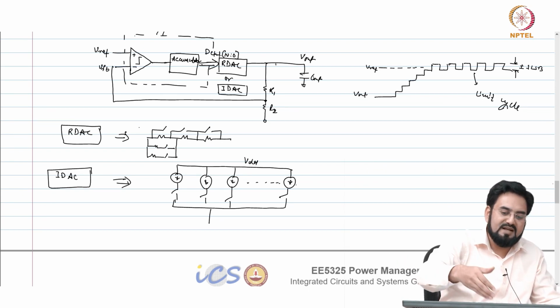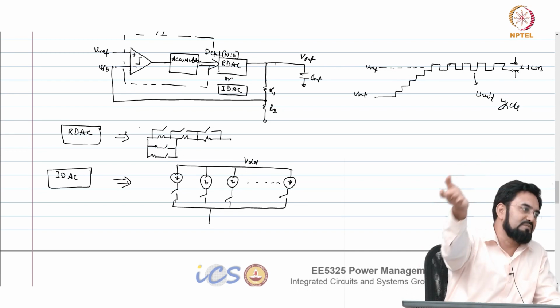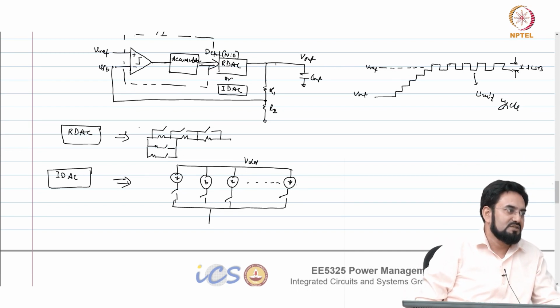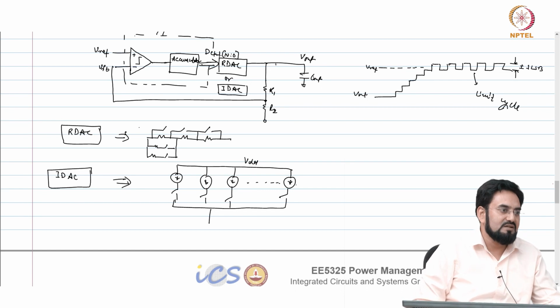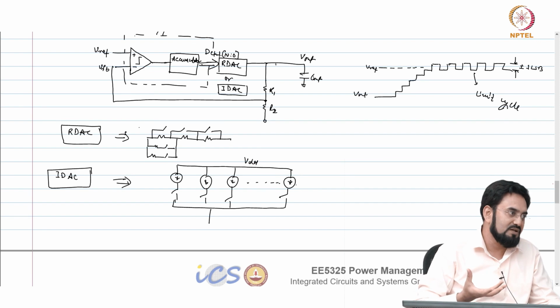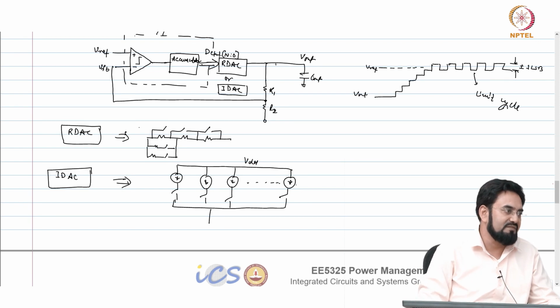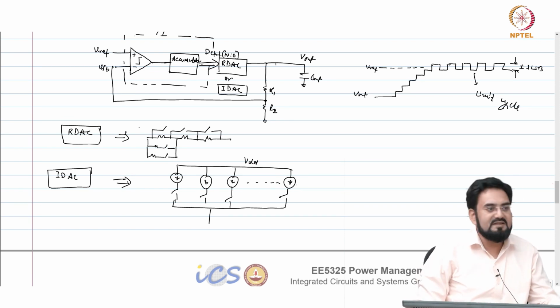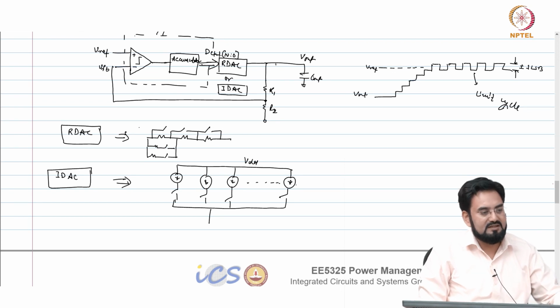In that case, whatever error is left by this will be corrected by the analog loop. So, you will get a resolution as good as analog, but you get it in a more mixed signal kind of technique, but digitally. And since that pass transistor of the analog is very small, you can make that high bandwidth. So, your digital will be low bandwidth and analog will be high bandwidth.